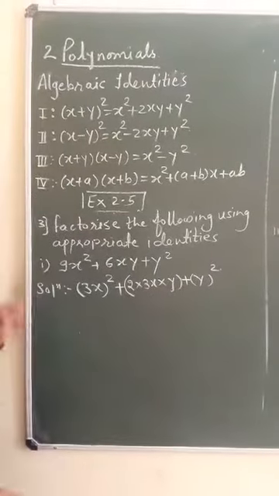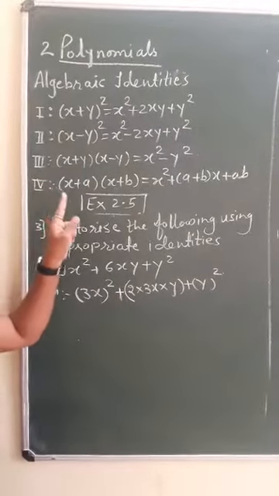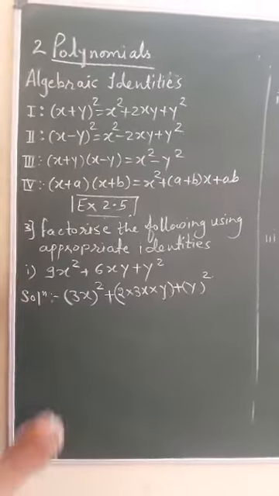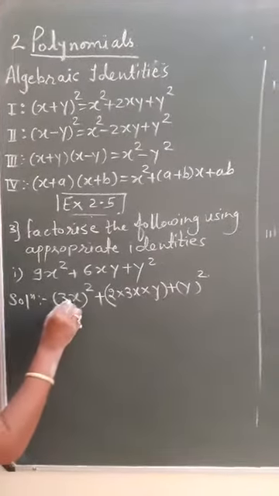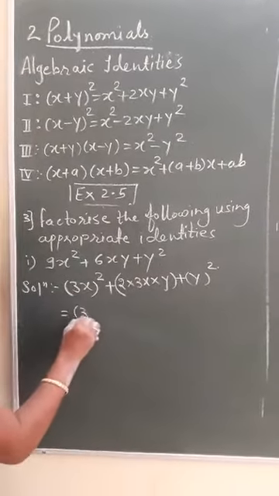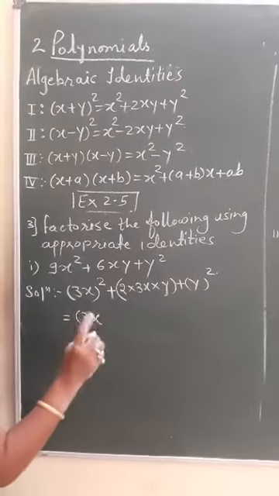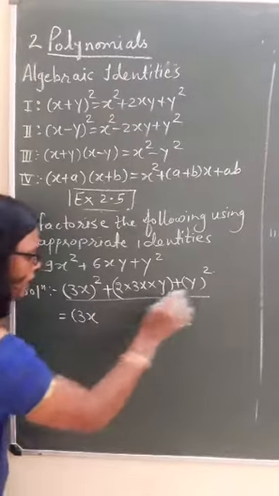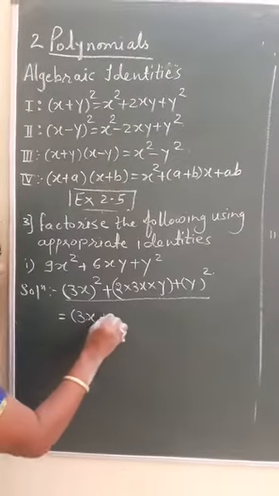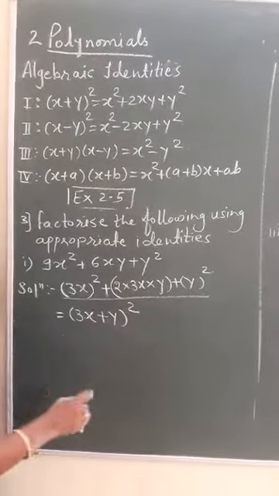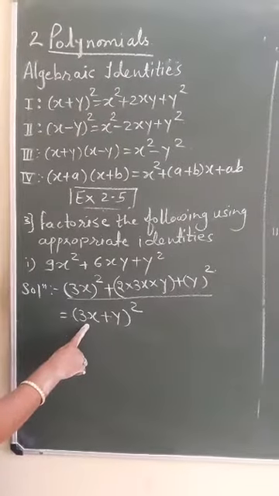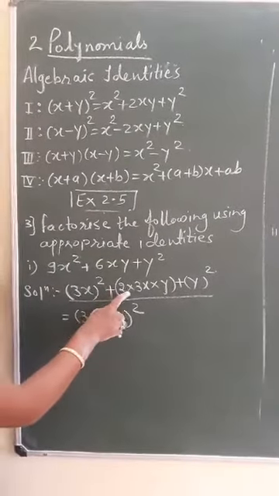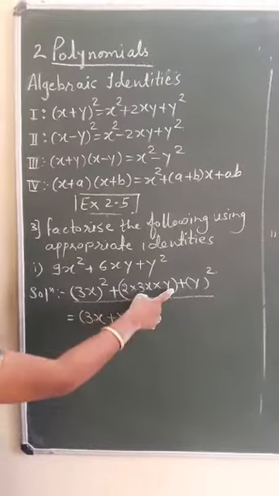Means this is a splitting of the first identity. So in the first identity, what did you get? Your first term is 3x, and your last term is y. Means I can write this identity as 3x plus y whole square.